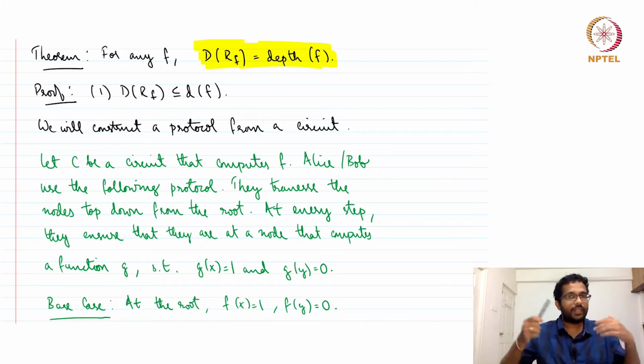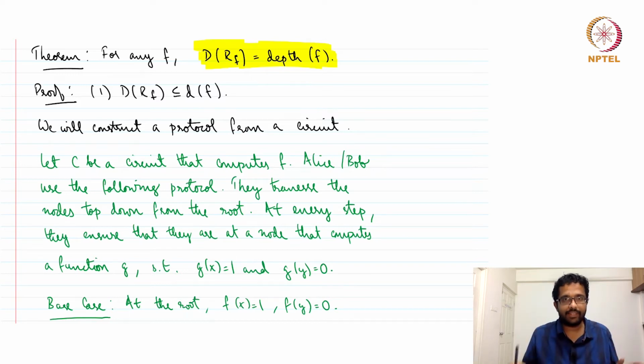I could choose any circuit that computes f, so I could choose the circuit of the smallest depth df, which means I get a protocol of complexity df. This is one protocol of complexity df, hence the deterministic communication complexity is upper bounded by df.